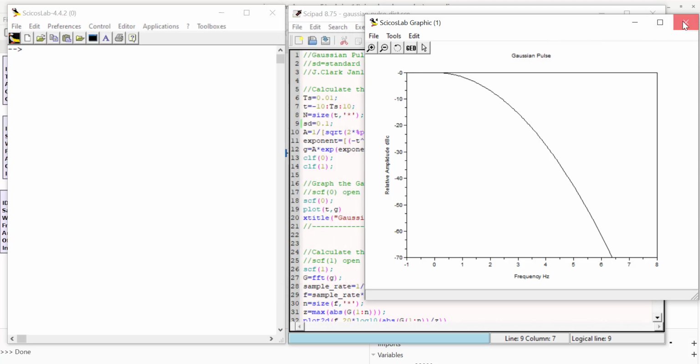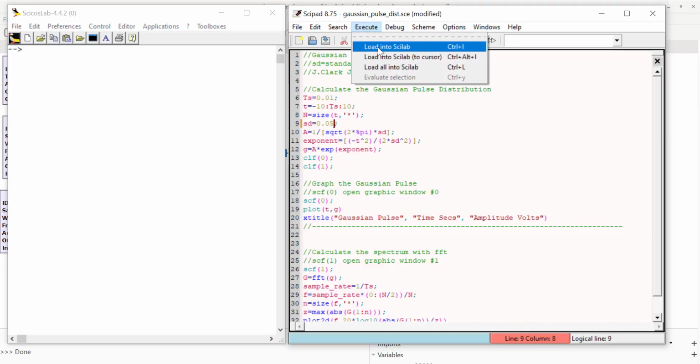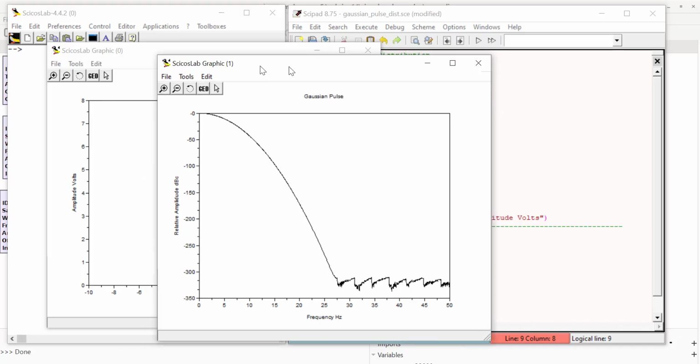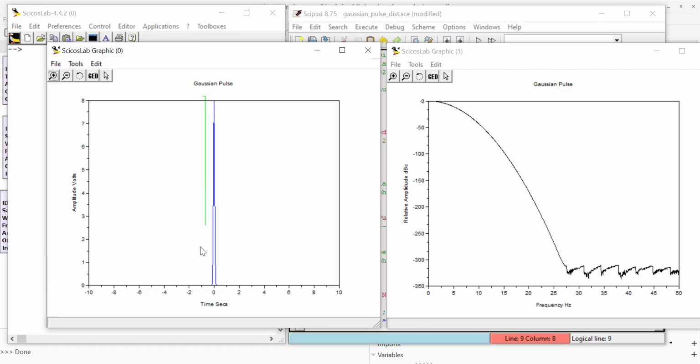Now let's decrease this to 0.05, which is half of that. And we'll see the pulse gets narrower and higher, and the spectrum gets flatter further out. So basically we're in the limit now. We're looking at creating a Dirac Delta function. So now you can see it's quite narrow.